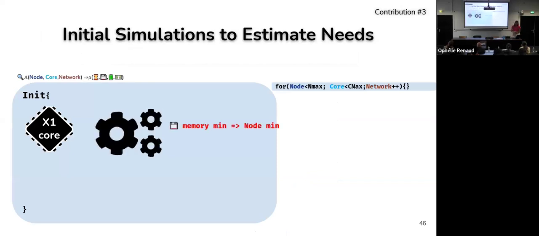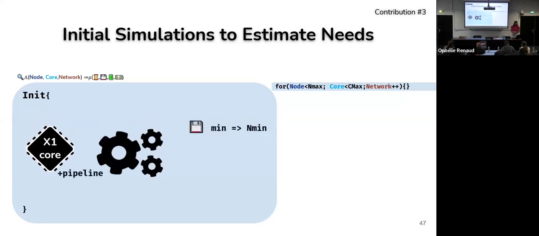To do so, the method starts with three initial simulations to estimate the needs of an application and to set the boundaries for the later for-loop of simulations. The first one consists in simulating the application on a single-core architecture to estimate the minimum memory required and the minimal number of nodes to support the application.